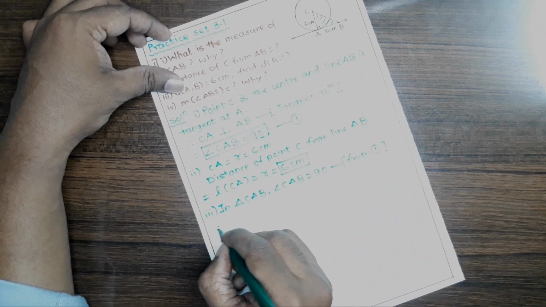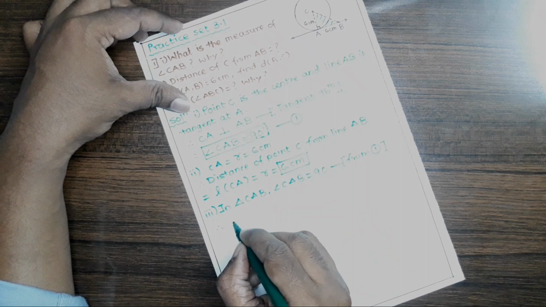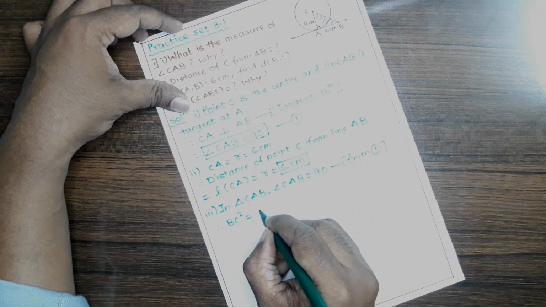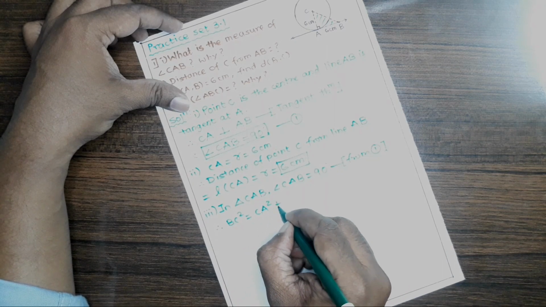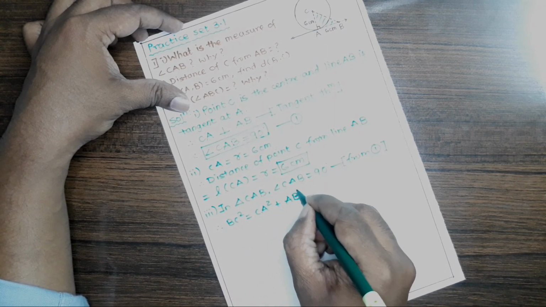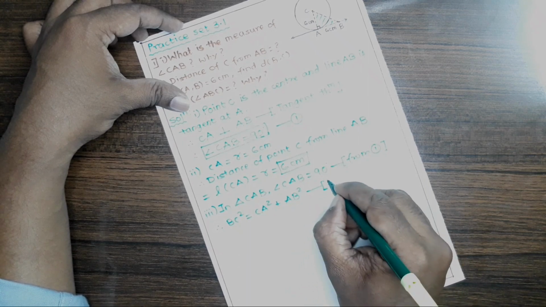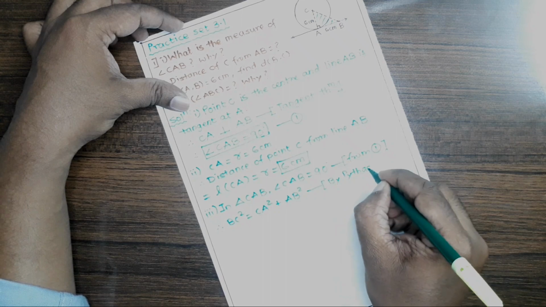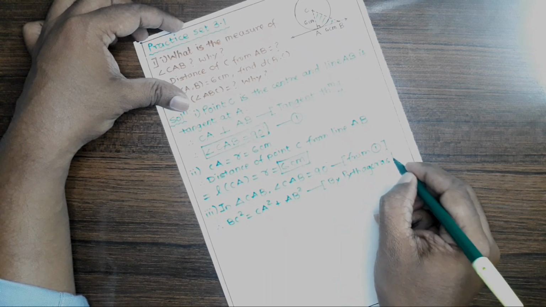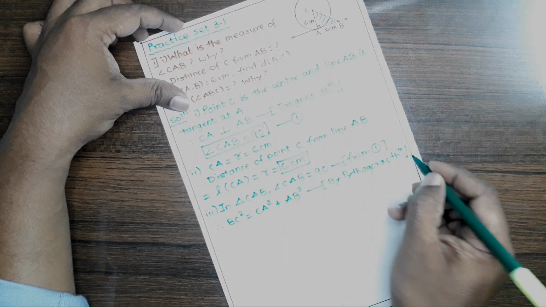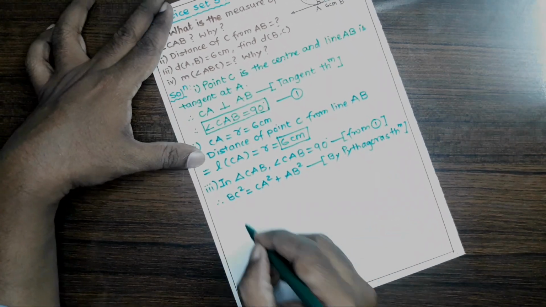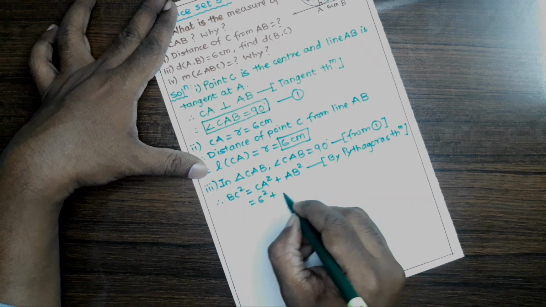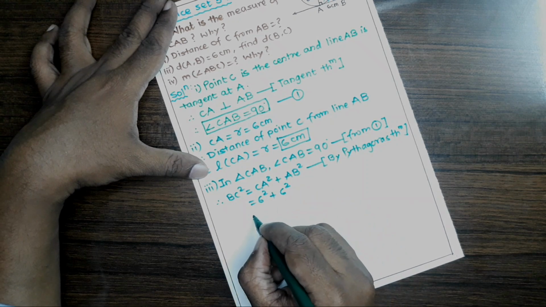And therefore, by Pythagoras theorem, we can write that BC square is equal to CA square plus AB square. And the reason is by Pythagoras theorem. Okay, now just substitute the values, as CA is 6 and AB is also 6, so make square of it.